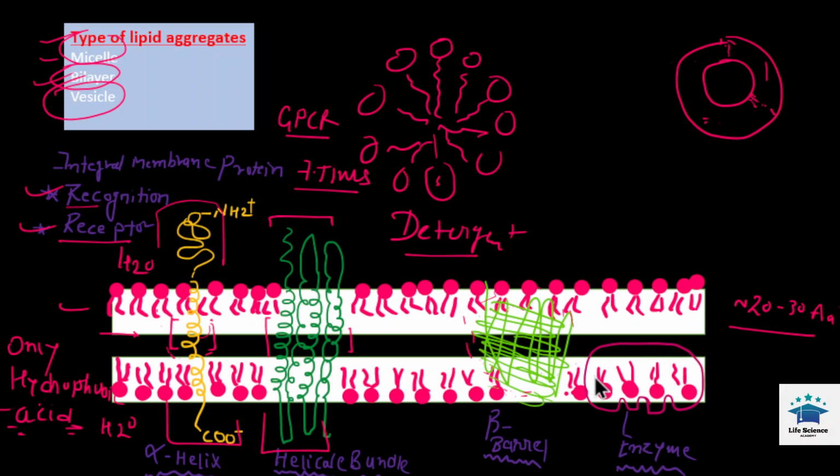And this is the structure. What does it look like? It looks like an enzyme. So enzyme is also a protein. As you all know, all enzymes are proteins, but not all proteins are enzymes.